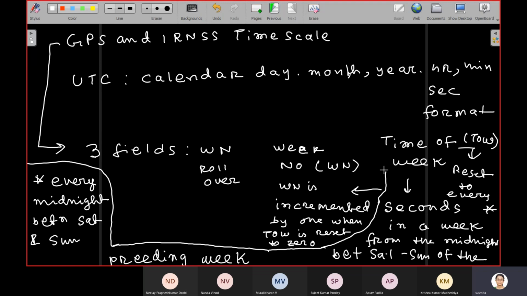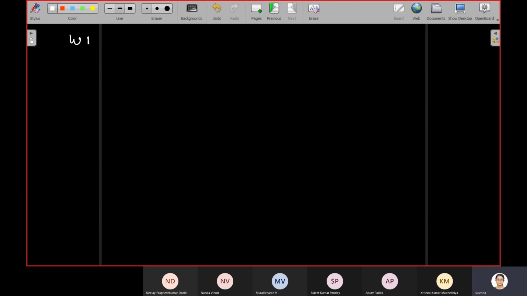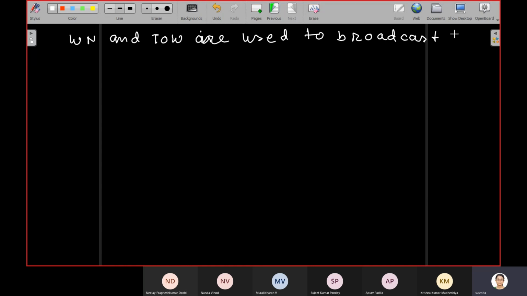Okay. But what is the maximum week number that can be held? The week number and time of week format are used to broadcast time.